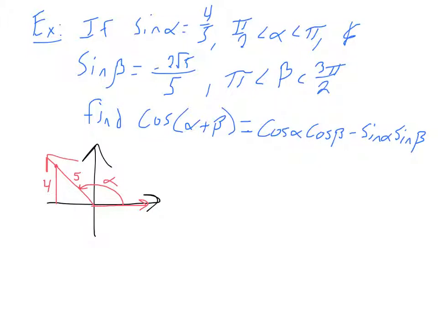Then we can figure out what x is equal to using the Pythagorean theorem. X squared plus 4 squared equals 5 squared. And so we'll get that x squared is going to be equal to 25 minus 16, which is 9, so x equals 3.